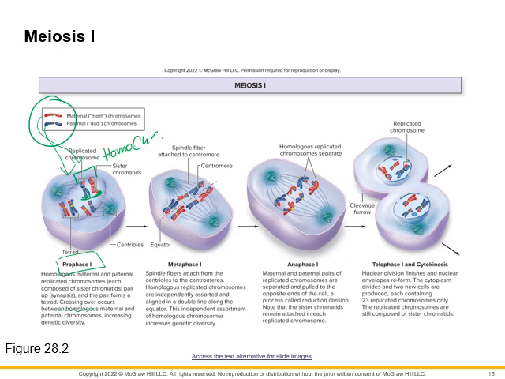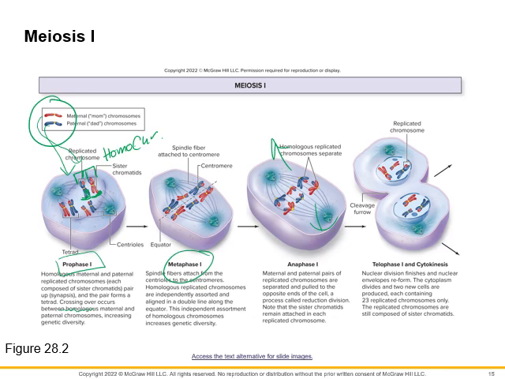So the crossing over occurs between homologous chromosomes, where you can see pieces of genetic information were swapped. You can see that this chromosome is mostly dad, but it swapped a little piece of mom. And now over here, there's a little piece of dad. Then the chromosomes line up on the metaphase plate, and they get pulled to opposite poles.